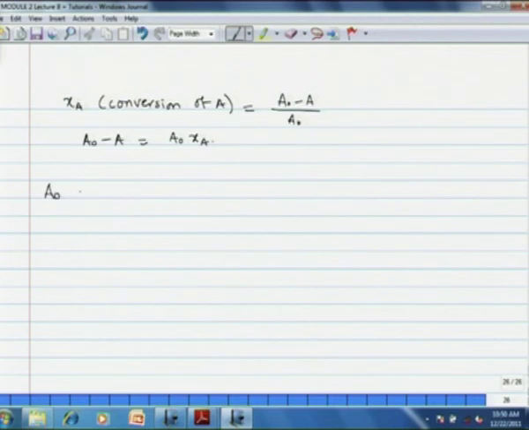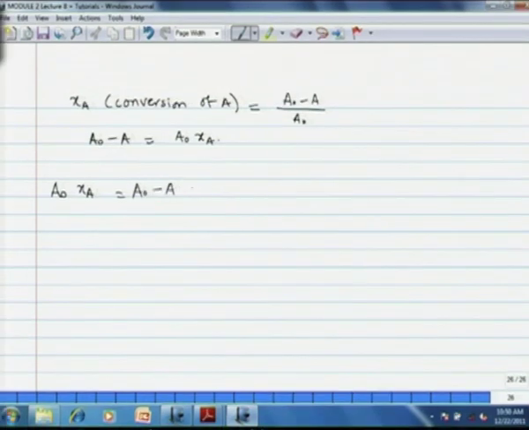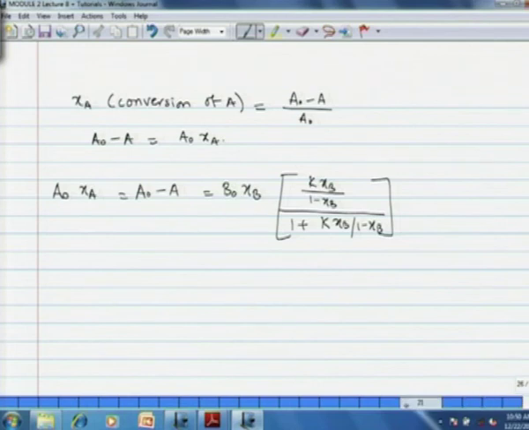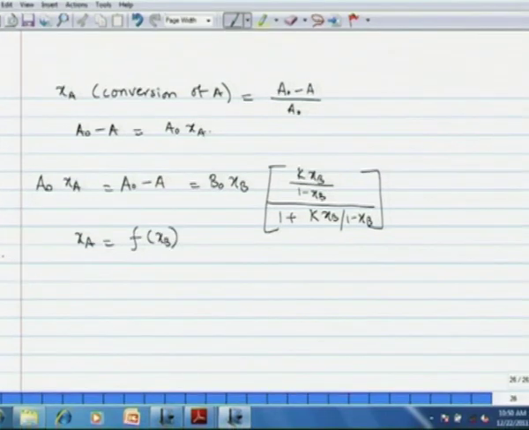A naught XA, which is equal to A naught minus A, is equal to B naught into XB into K into XB divided by 1 minus XB whole thing divided by 1 plus K into XB divided by 1 minus XB. So, what we have now is XA as function of XB.